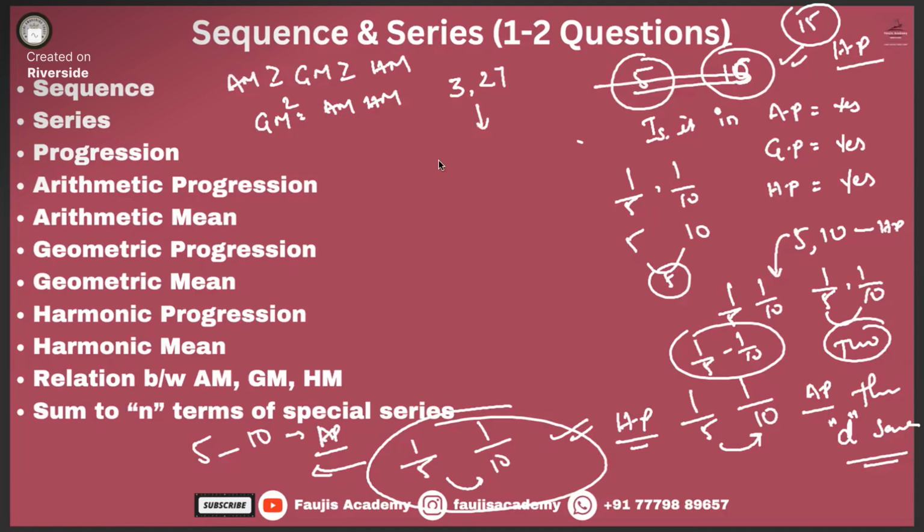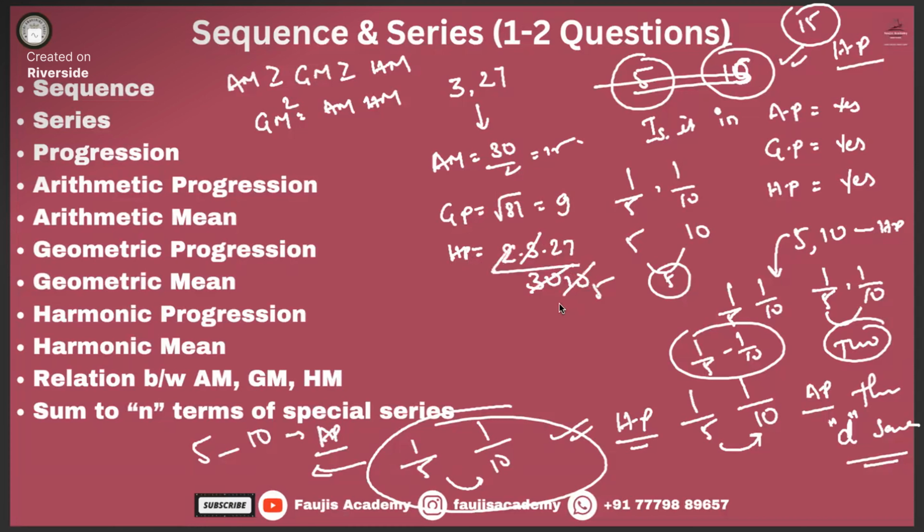So what is the AM? 30 divided by 2 is 15. GM is how much? 9. HM is how much? Let's go by the formula, 2ab by a plus b, which is 27 by 5.